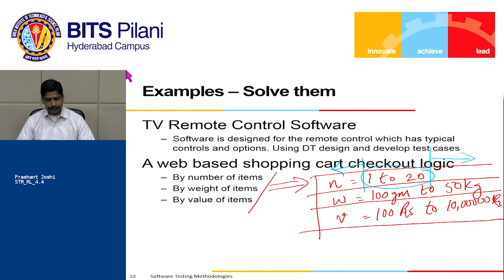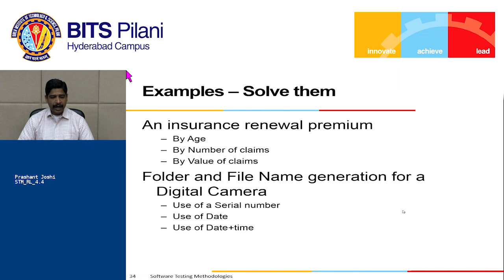Let's get to the next one. An insurance renewal premium. Premium calculation is done by age. Now let us consider that this is not only done for a life insurance, but we will look at a driver insurance.